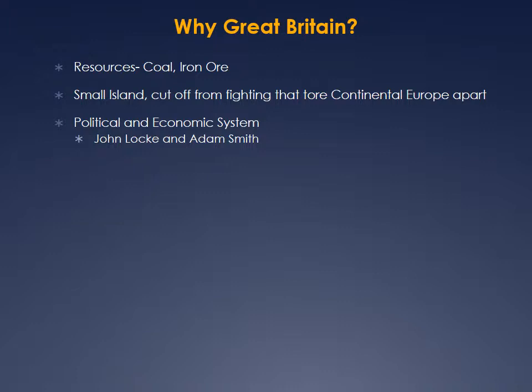Adam Smith, the idea of private wealth. These were significant, and of course they're developed in England, what we call joint stock companies. And these were private firms that were designed to explore the world and make a profit, as well as other types of economic enterprises. And so Great Britain was poised for the Industrial Revolution because of these things.